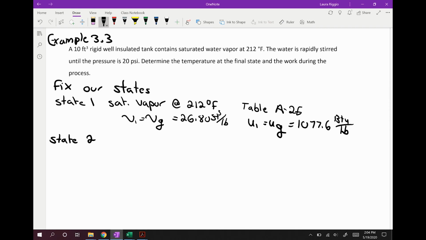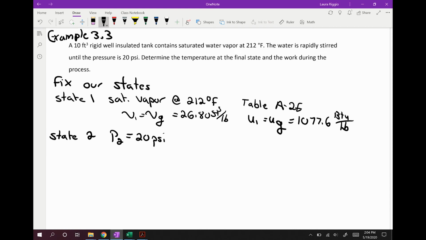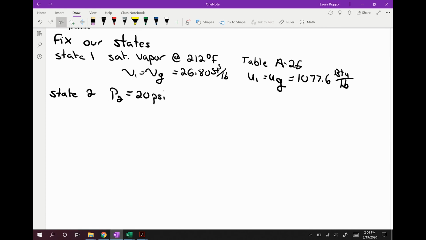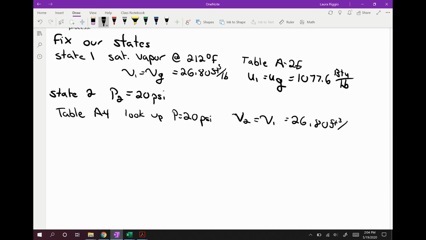So for state 2, we know that P2 is equal to 20 psi. What we also know is that it's a rigid tank, which means my specific volume at state 2 is equal to my specific volume at state 1, which is 26.8 feet cubed per pound.